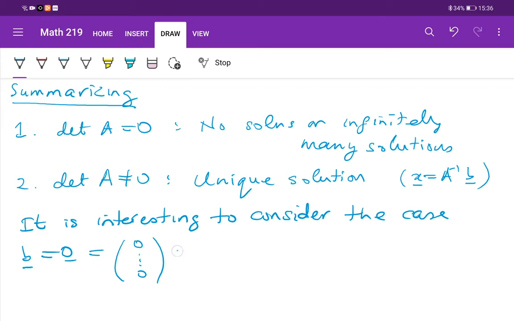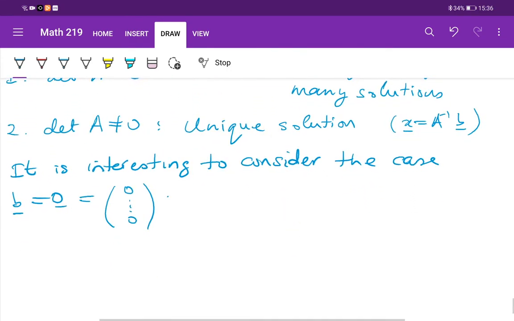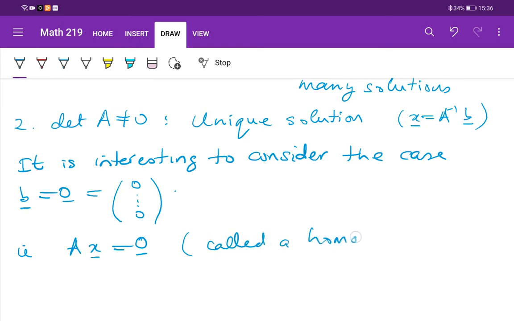We say that the equation is homogeneous, i.e. the equation is Ax = 0, and we call this a homogeneous linear system.